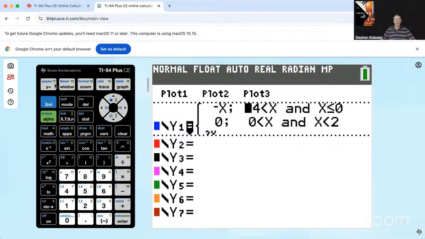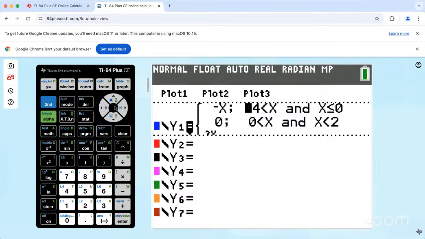Okay. And one more question then, Curtis. Am I remembering this wrong? Is it possible to write that interval that Tom has the blinking cursor on as -4 less than x less than or equal to 0? Yeah.